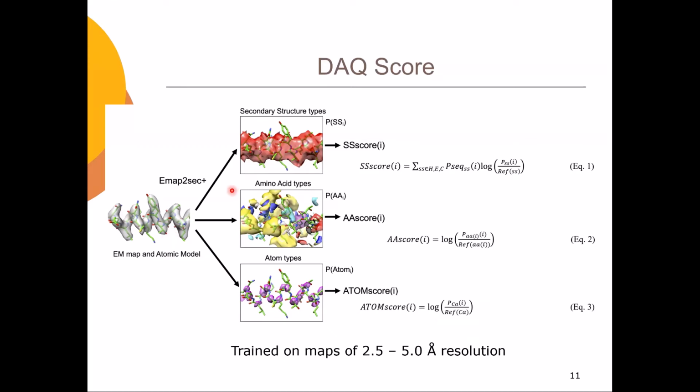And from the cryo-EM map of resolution up to about 5 angstrom, as usual, we detect secondary structure types, alpha, beta, or coil, and also amino acid types, 20 different amino acids, and then also the C-alpha positions.